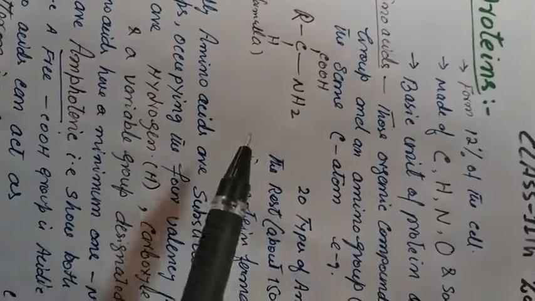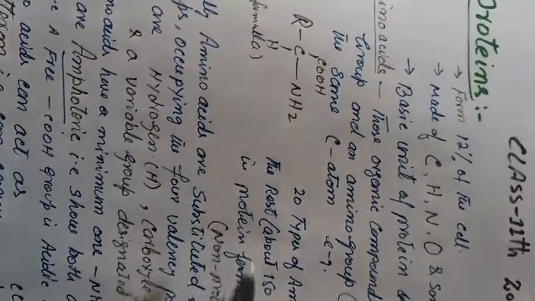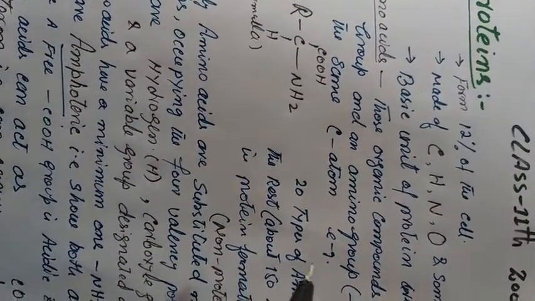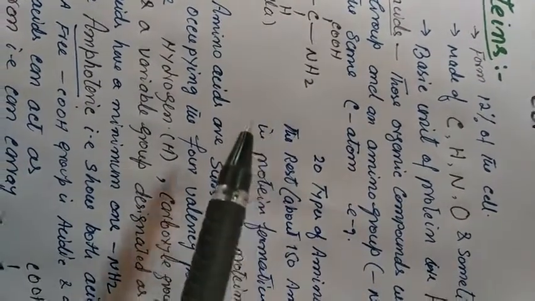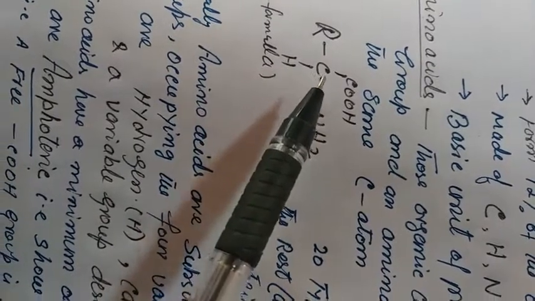Basically, amino acids are substituted methanes with 4 substituent groups occupying the 4 valency positions of the alpha carbon as depicted in this formula. These 4 substituent groups on the same carbon atom are the carboxyl group, amino group, hydrogen, and a side chain which is designated as R.